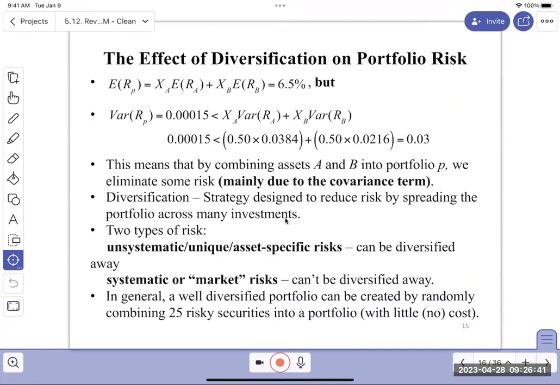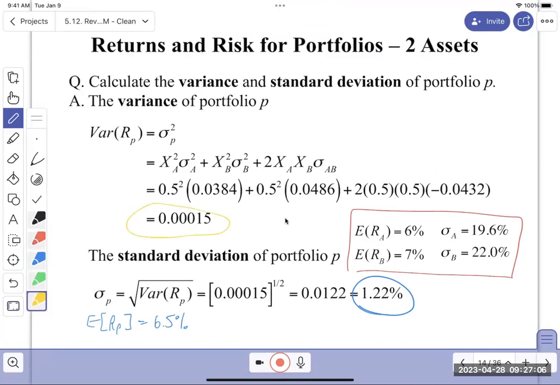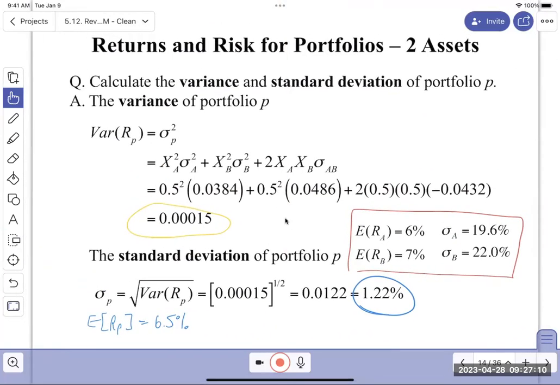If I take this, this is hard to look at. I need to look at this number because I'm looking at the variances now. So the variance here, we take the square root of it. So the variance is 0.00015. The standard deviation is the square root and is 1.22.